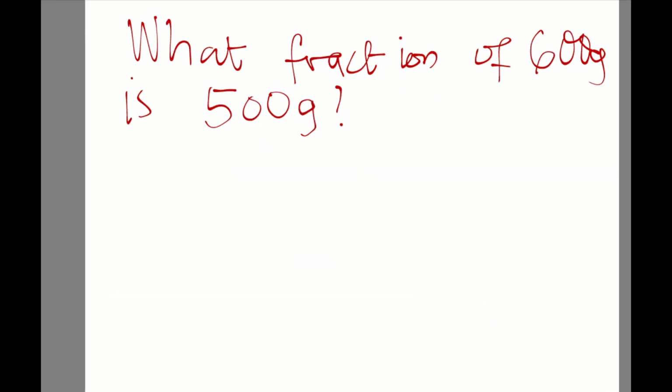Let's try another question. What fraction of 600 grams is 500 grams? So here both quantities have the same units, so there wouldn't be any conversions here.